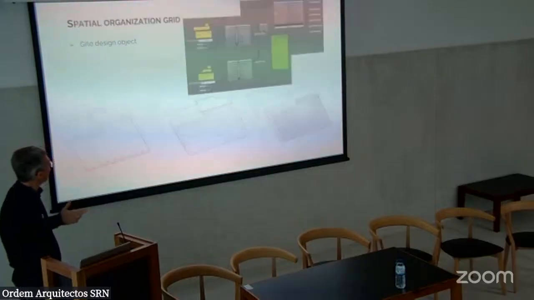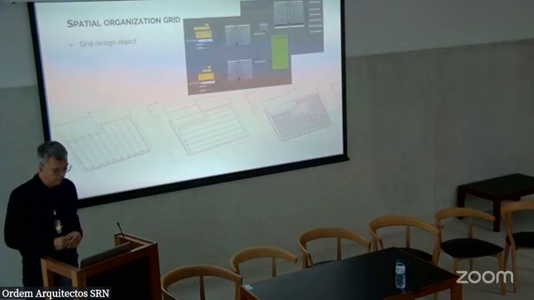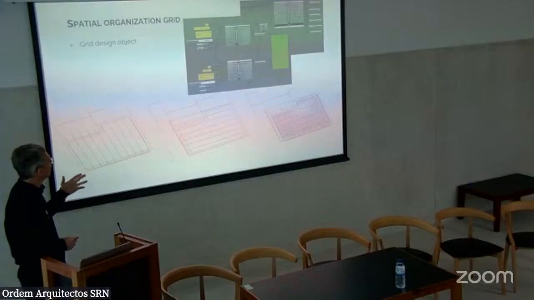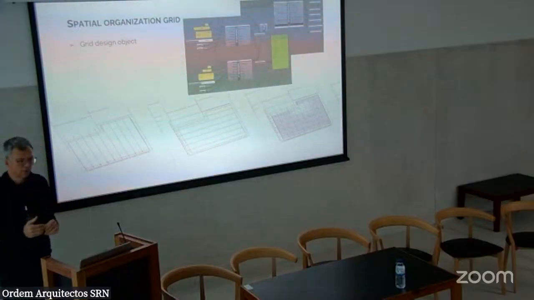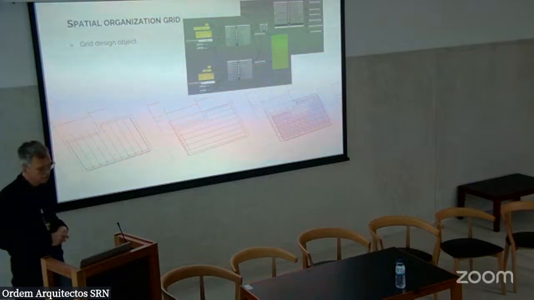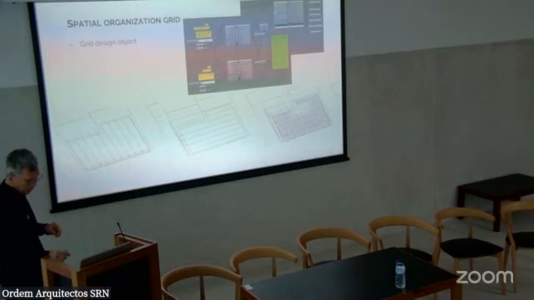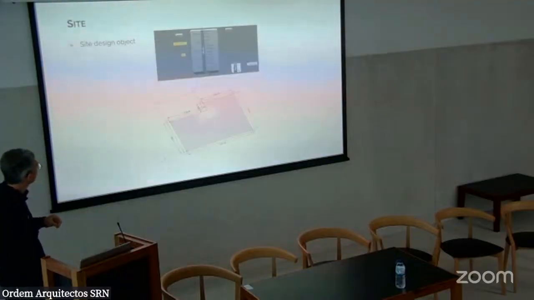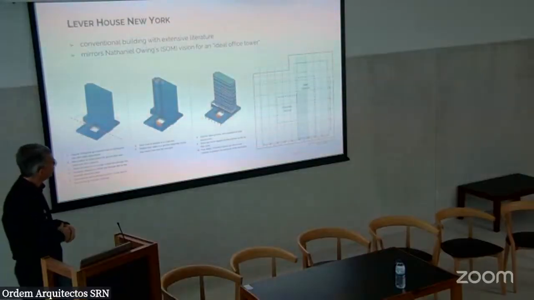And then we define a grid design object. And so basically, as I said, it goes by defining two sets of grid lines and then combining them into a grid object.